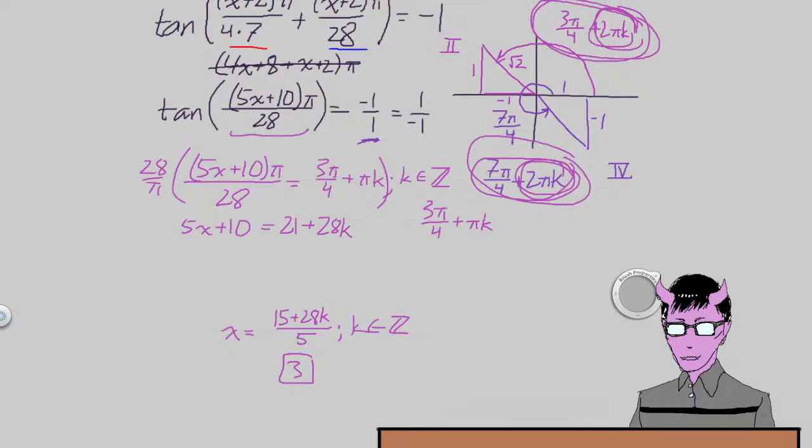And then 19.8 is going to be another answer. Well, let me double check. 19.8. Which means 43 over 5. What does that equal to?